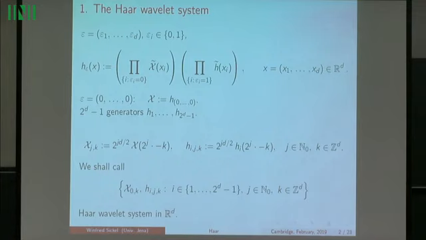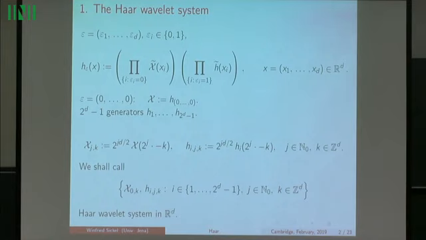So if you choose epsilon always 0, then the outcome is a characteristic function of the unit cube in d dimensions, and the other elements here are the 2^d - 1 generators of the wavelet Haar system. I use standard notations from wavelet theory. So we have shifts here and scaling here, properly normalized in L2, and then the corresponding system I call a Haar wavelet system in R^d.